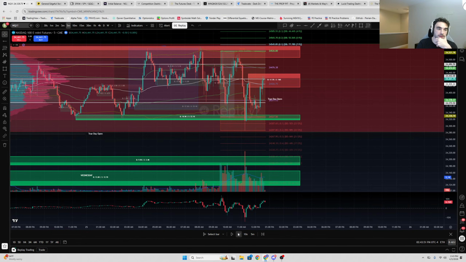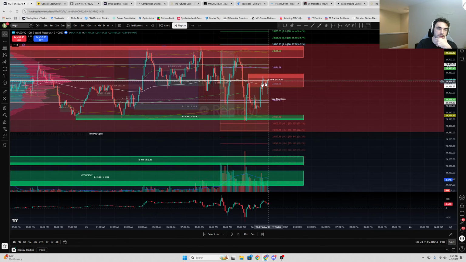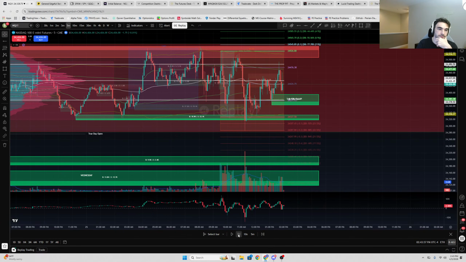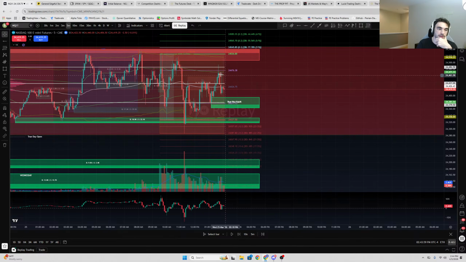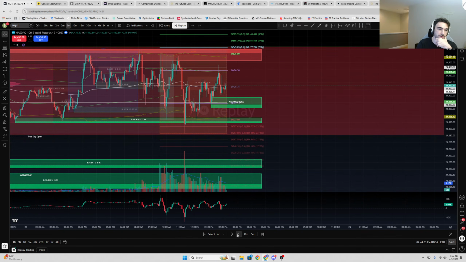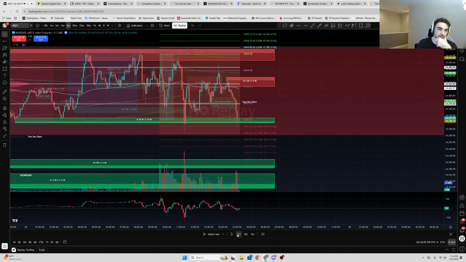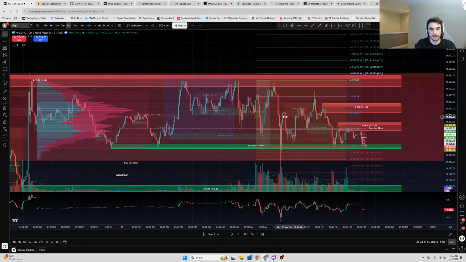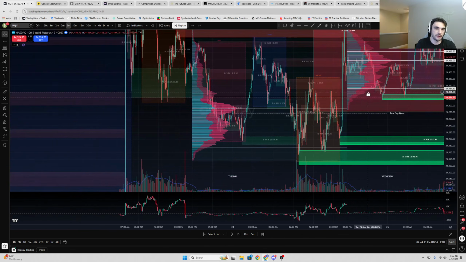And then I shorted this again up here. I think I got stopped on this one, and then I entered short again when we pushed that value area high and the 75% level. And this one ran really far. So I'll trade late into the session.